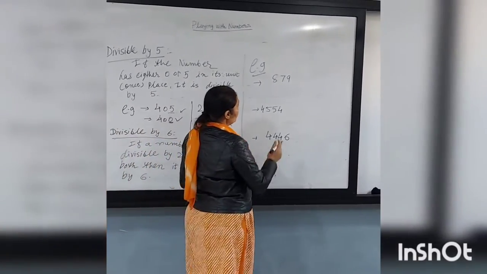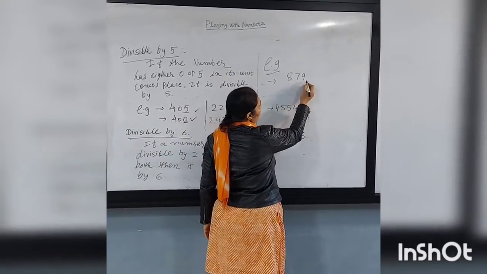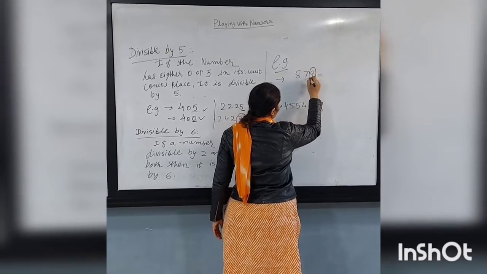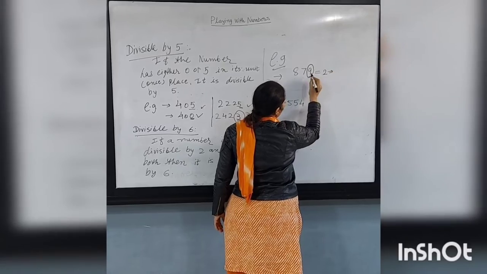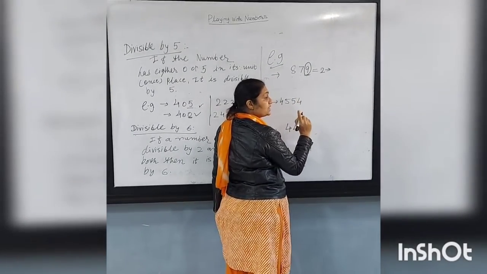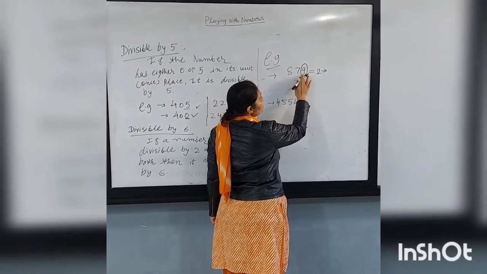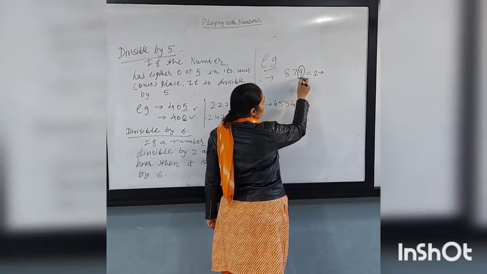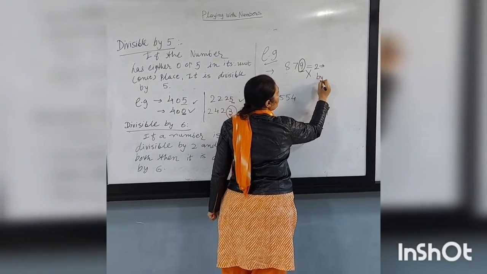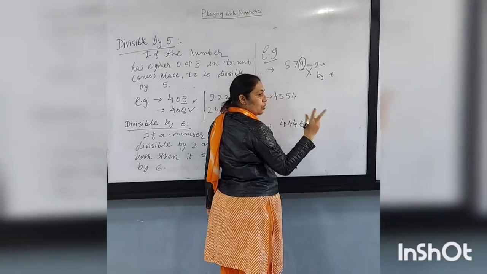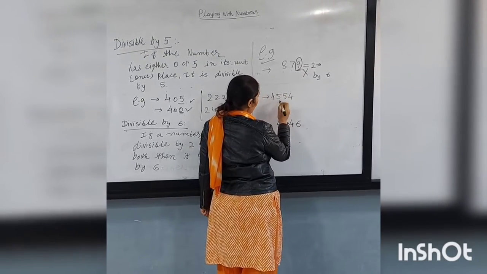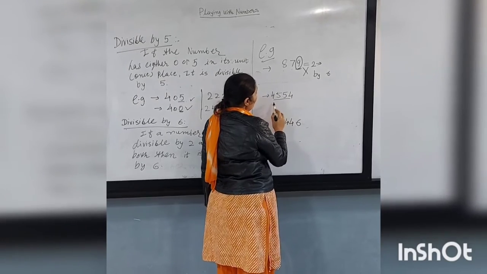First, for 879, for 2, if on unit place we have 0, 2, 4, 6, 8, then that number is divisible by 2. Here 9. So, this number is not divisible by 6 because we have to check both 2 and 3.